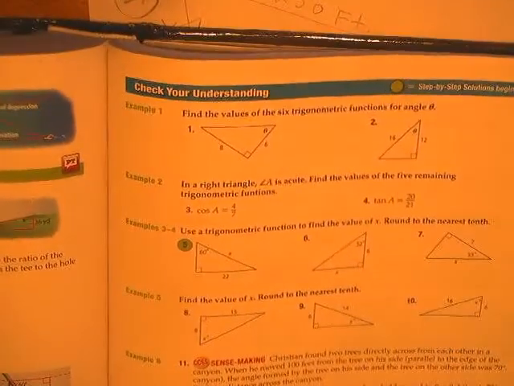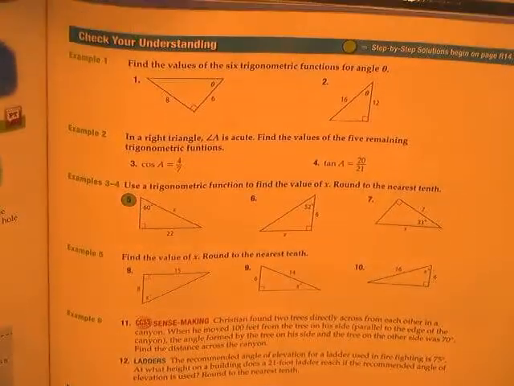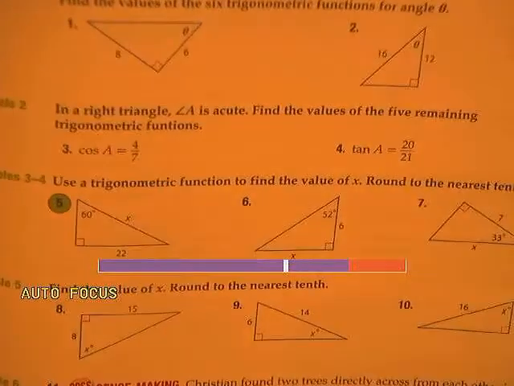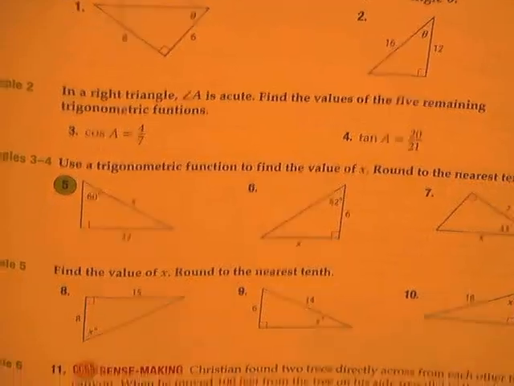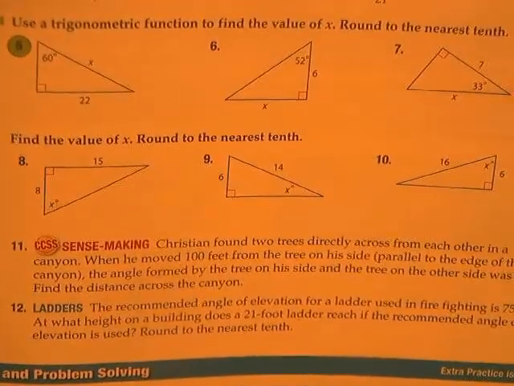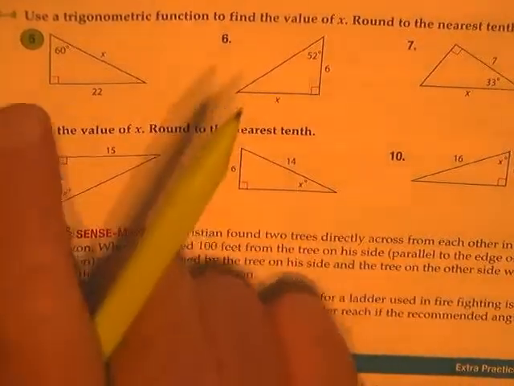Okay, and that about does it for those. I do need to show you the book, however. So here are, let me remind myself, these problems we're doing. We're doing 5 through 10. So you want that section right there.